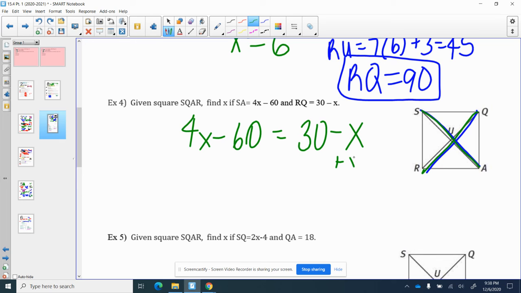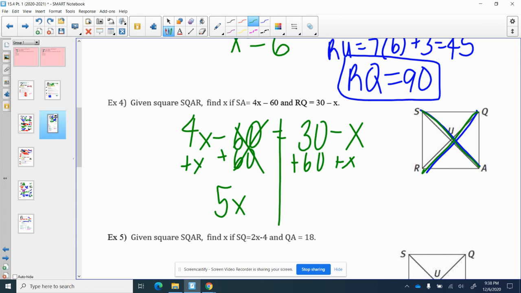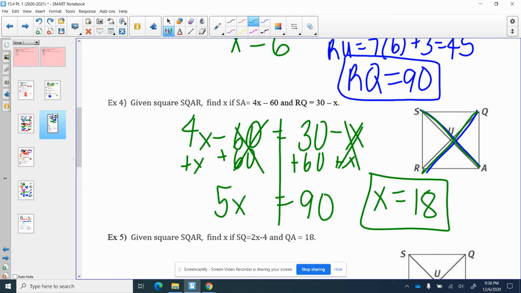So if we add the x to both sides here, we get 5x, and then we're going to have to add the 60 to both sides. We would end up getting that 5x equals 90. And if we divide by the 5, x is going to be 18, which is what we're trying to find.